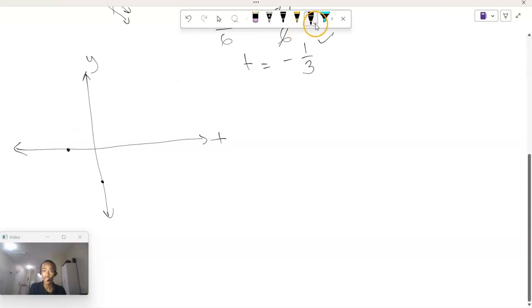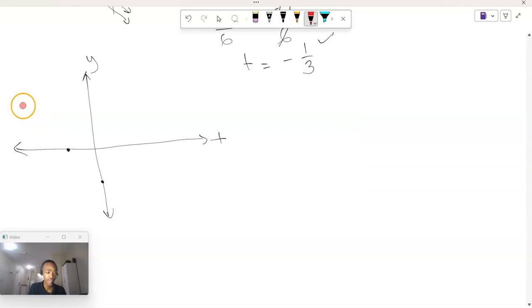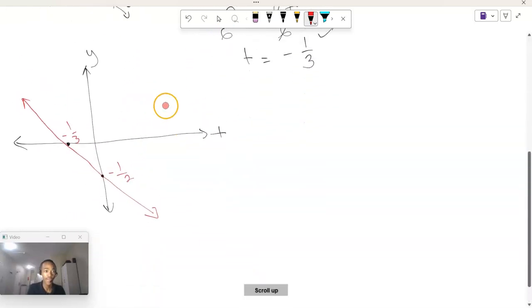So we can just join these two points right there. Make sure to put these arrows here. Here it's a third, here it's a half. So this is how you sketch the straight line function.